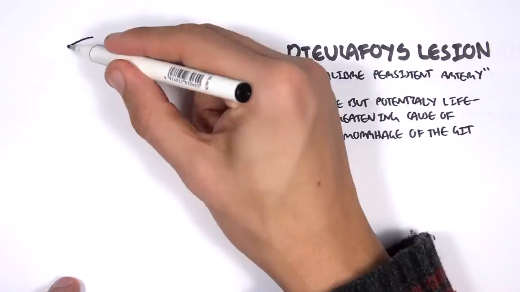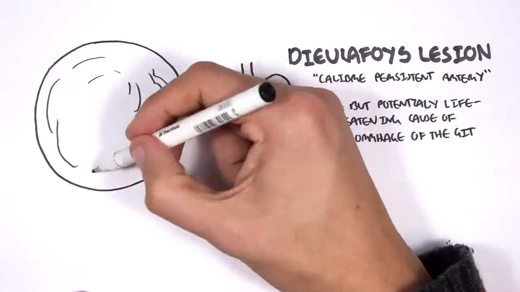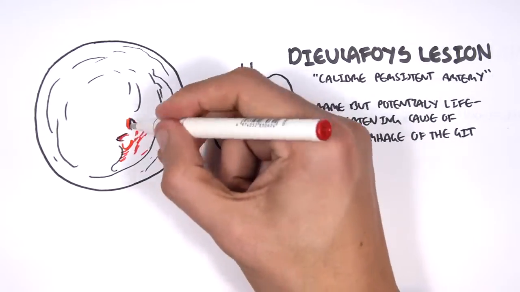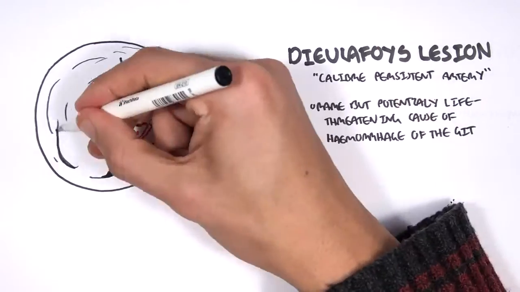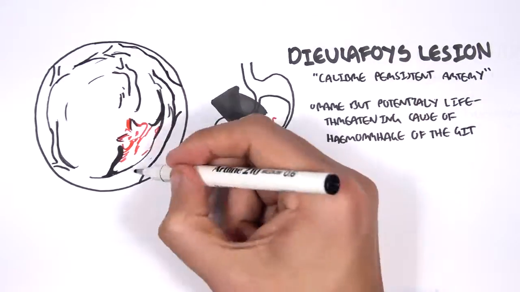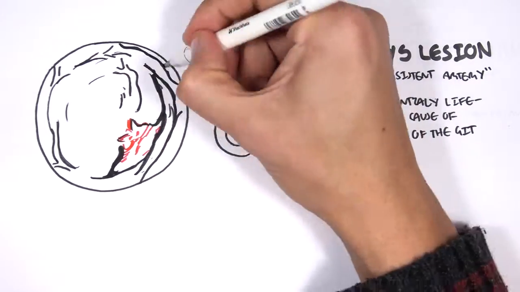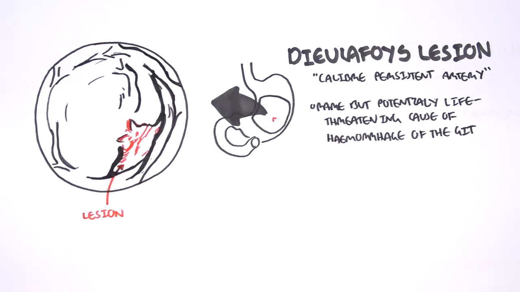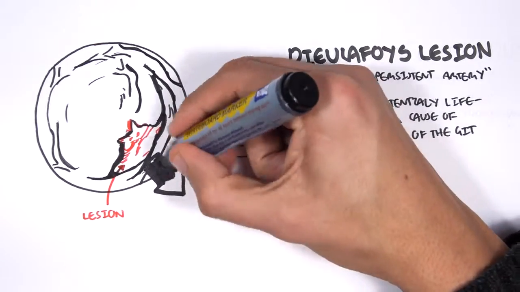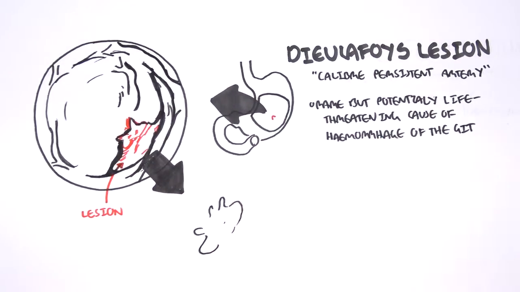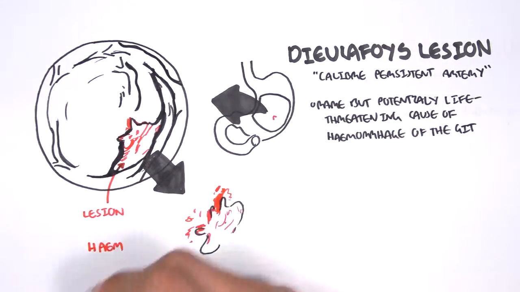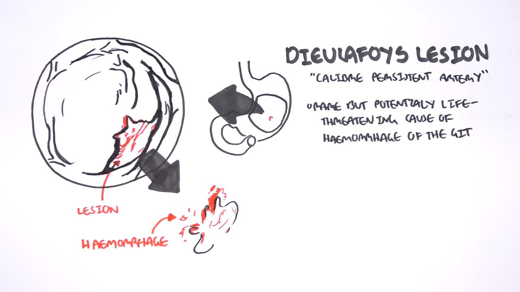So essentially, if we were to zoom into the stomach here and look at it through an endoscope, we would see a bulging lesion, and this lesion could subsequently rupture, causing a hemorrhage because of the blood that supplies the area. And this can cause severe internal bleeding, which can be fatal.